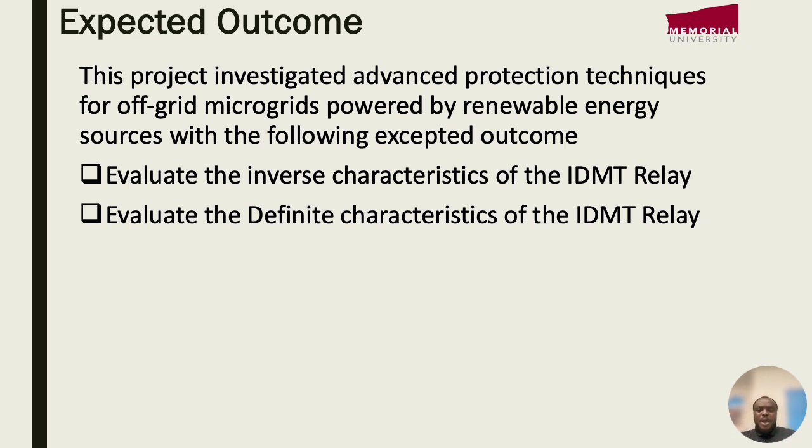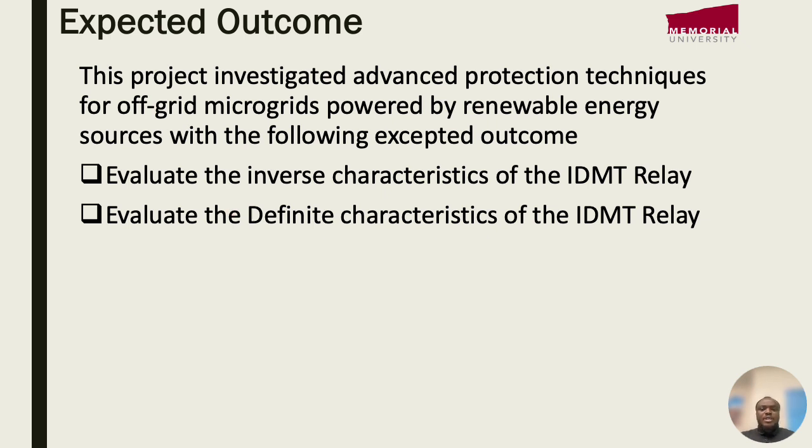We want a reliable power system, and hence I believe this advanced protection technique of relaying would be a better substitute to the differential relays, where it would utilize the inverse features and the definite features to properly protect or isolate the power system in terms of fault.